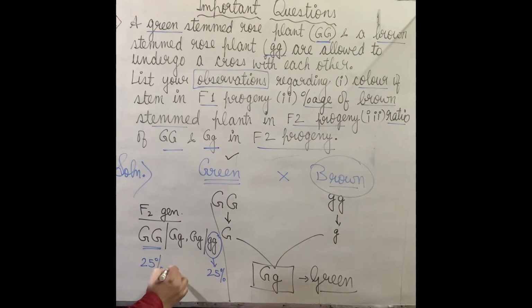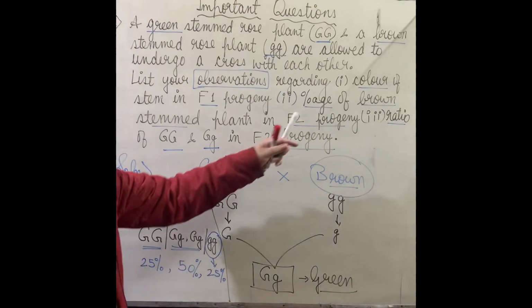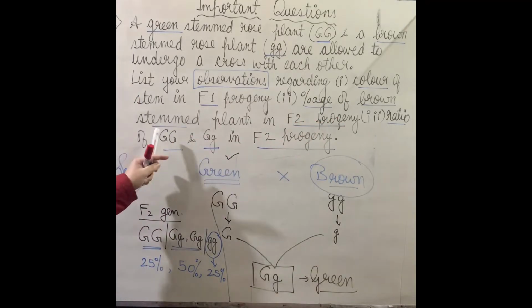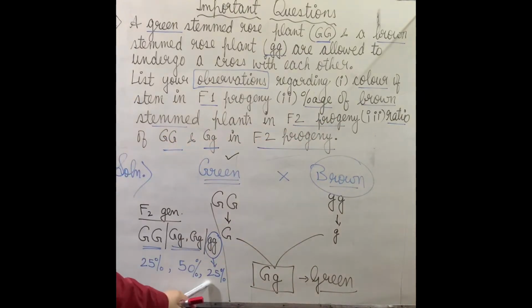As far as genotype is concerned, 25% will be pure green, 50% will be hybrid green, and 25% will be brown. So the percentage of brown stemmed plants in F2 progeny will be 25%.